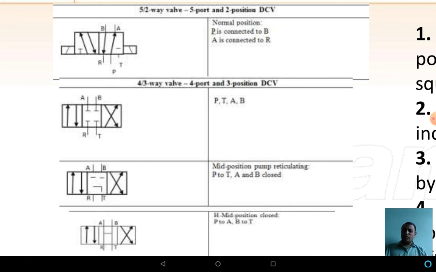The next one is four port three position valves. P, T, A, B. P and T are nothing but the inlet ports as well as A and B are nothing but the outlet ports. Then the mid position, pump reciprocating, P, T, A and B are closed.